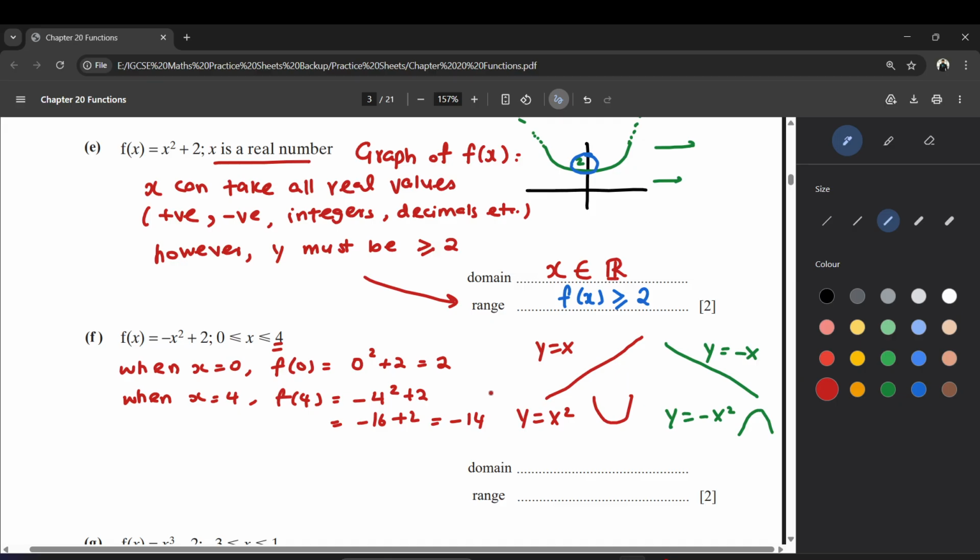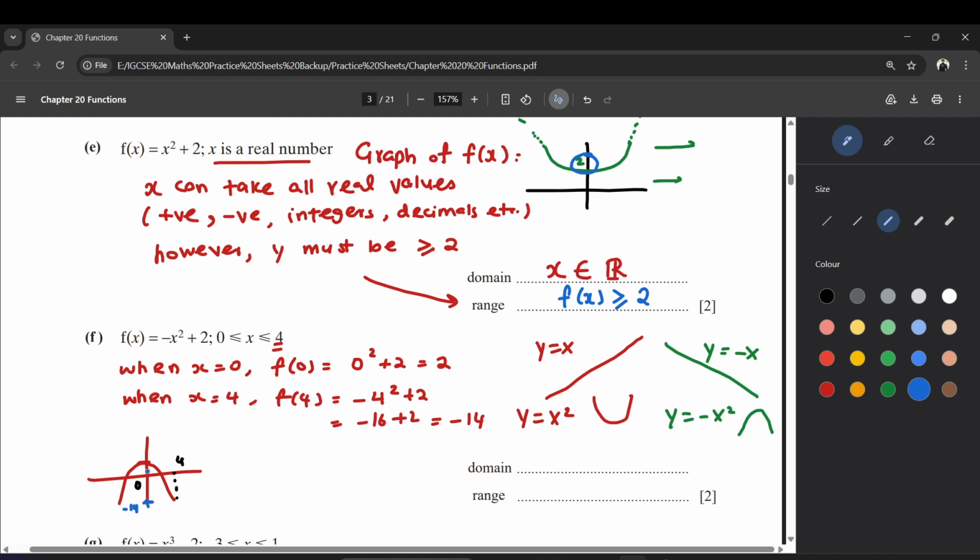So what does it tell you? That the shape of my graph is going to be something like this, because my domain is between 0 and 4. So this is 0, and suppose this is 4. Over here at 4, what was the value that we got? That was minus 14, so minus 14 would be here.